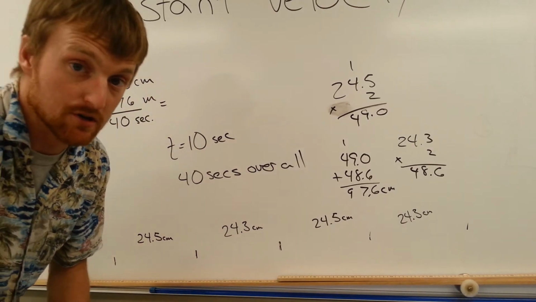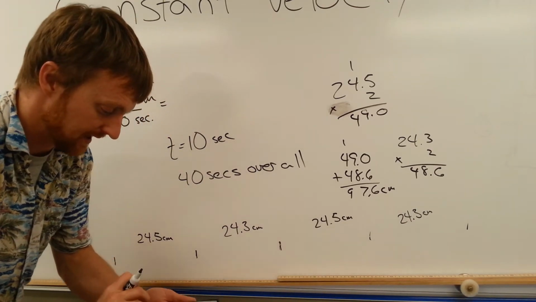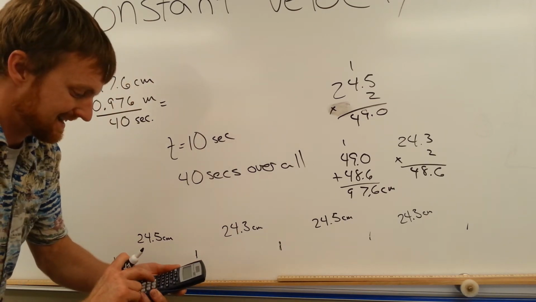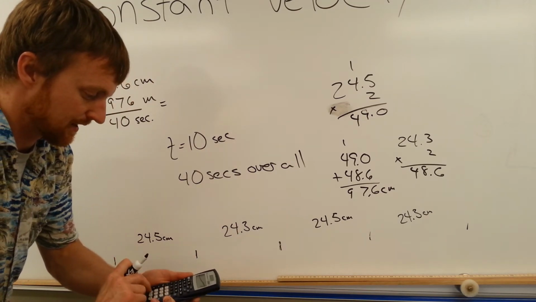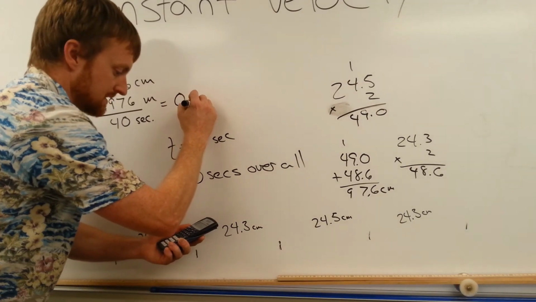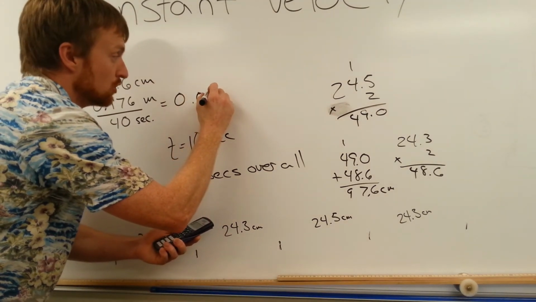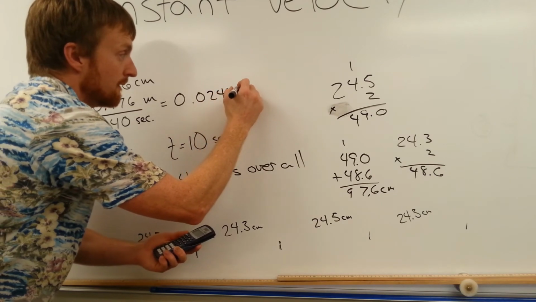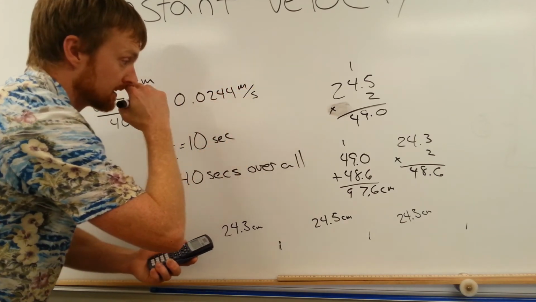I wouldn't expect you to know how to do that off the top of your head, but 0.976 divided by 40 is equal to 0.0244 meters per second. Okay?